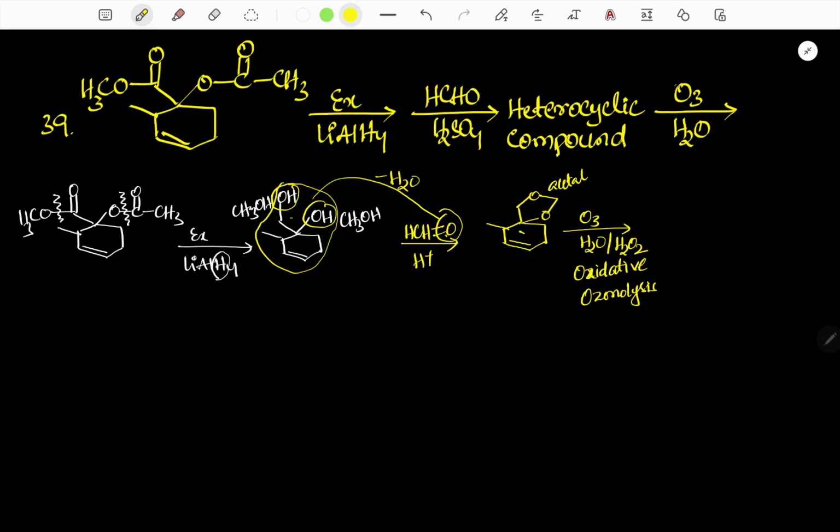So it undergoes oxidative ozonolysis and the corresponding product is this: this carbon is converted into carboxylic acid, and this one is also converted into carboxylic acid. So this reaction is known as oxidative ozonolysis. Carboxylic acid and carboxylic acid, oxidative ozonolysis.